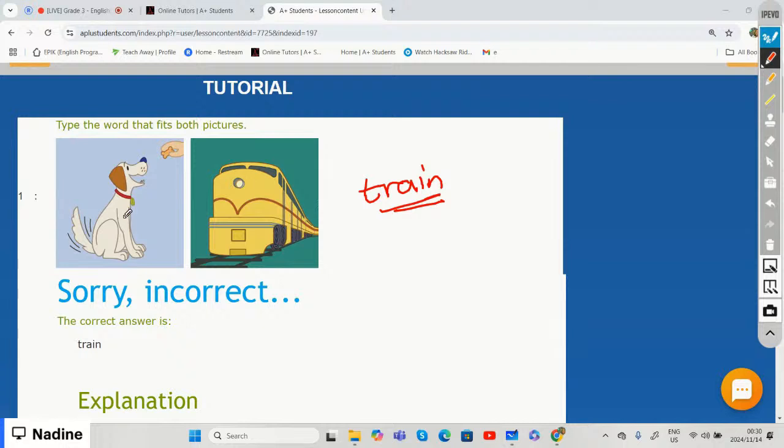So we have the word train with two different meanings: your moving train, which is a vehicle, and training a dog.